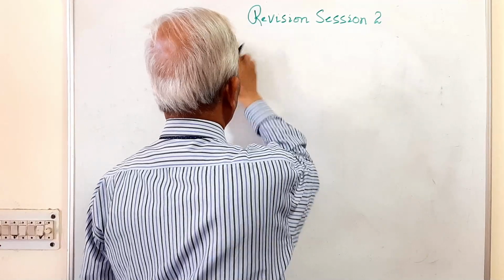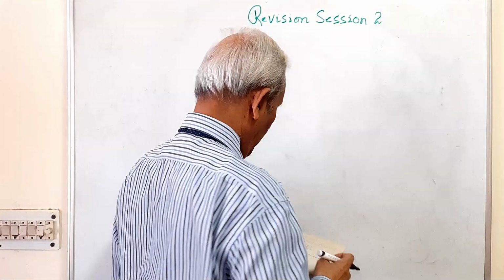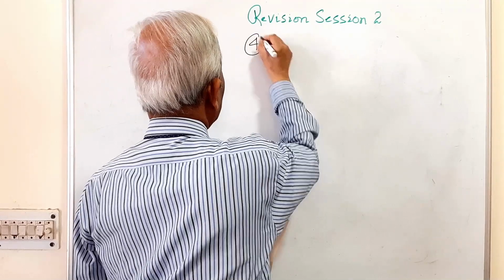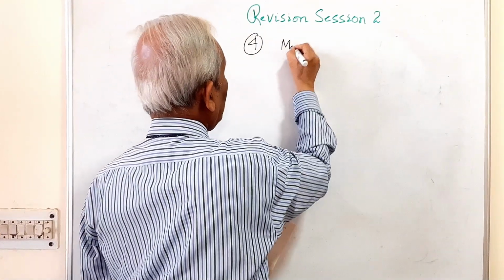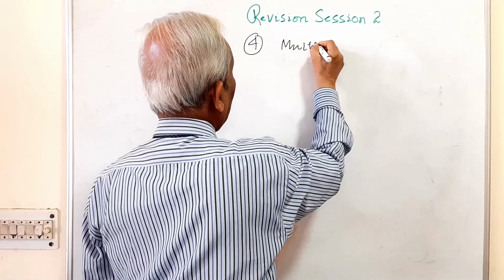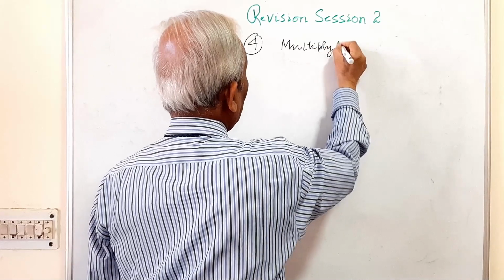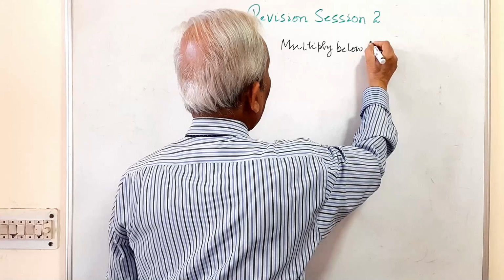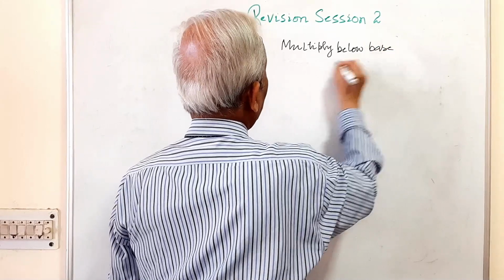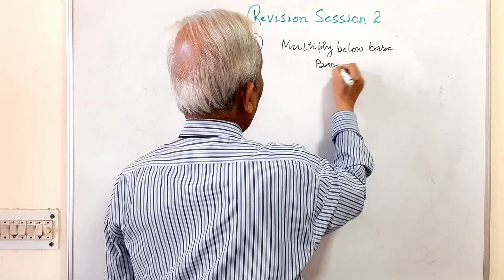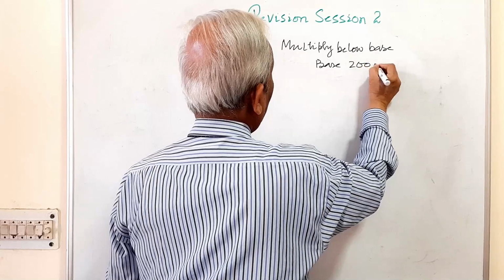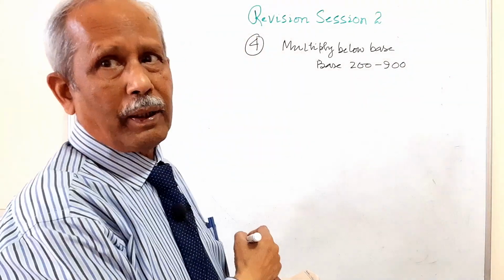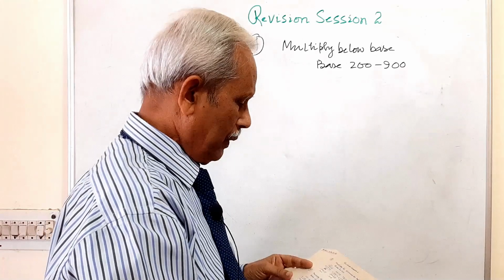Let us now see the fourth question. Again, the below base method, where the base is 200 to 900. Earlier it was 20 to 90, now it's 200 to 900, right?